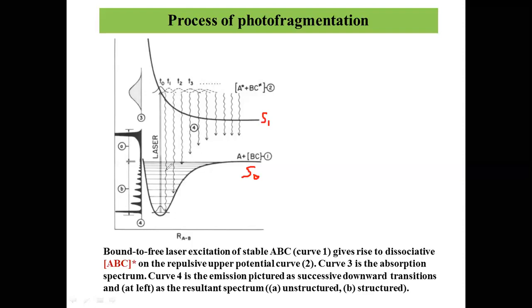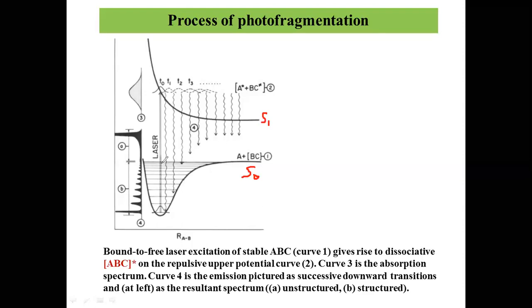When it comes back to v equals to 1 and we do the overlap integral, we get this peak, but this intensity is going to be less because the overlap integral value is going to be less than the earlier one. So this is the way we get the structured emission spectrum, and of course the structure is related to the spacing of the vibrational levels.